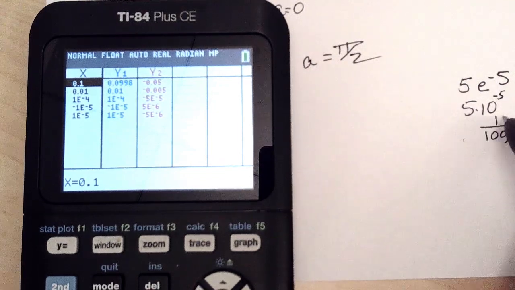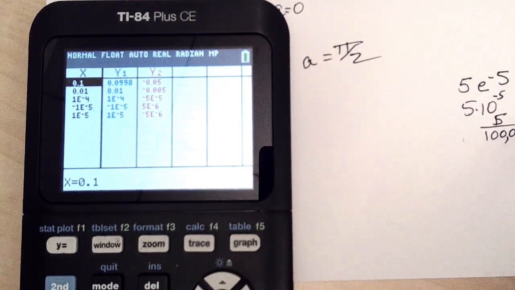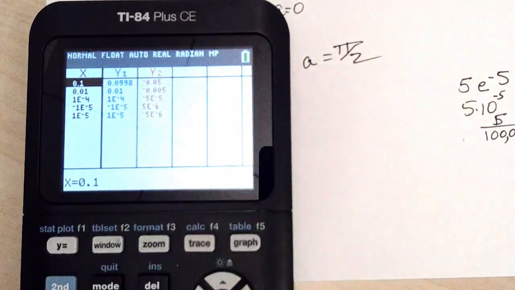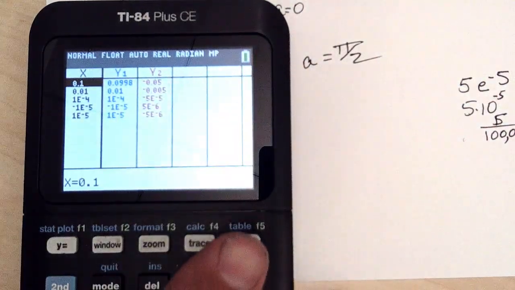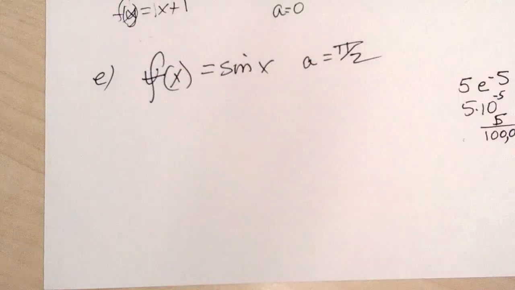So 500 thousandths, 0.0005. Oh, dang, that's looking like it's getting really close to 0. Those are a little bit hard to read because you have to understand your exponential notation.